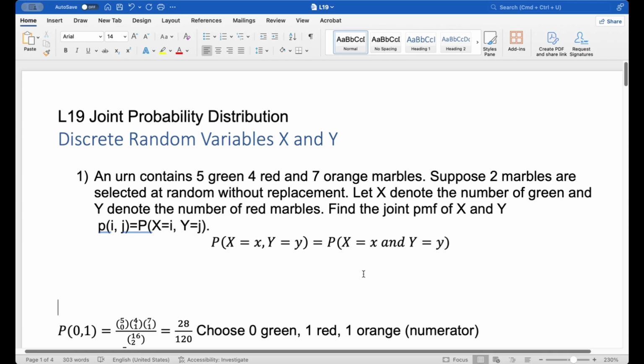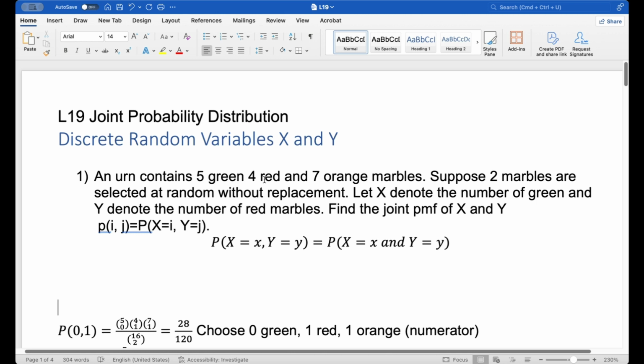So the probability of that happening, we're going to take 0 green, 5 choose 0, 1 red, which is 4 choose 1, and then 1 has to be orange, that's 7 choose 1, divided by the total possibilities here, which is a total of 16 marbles, and we're choosing 2.